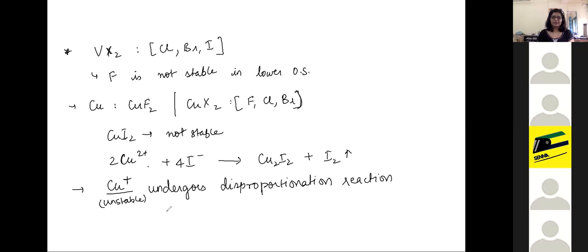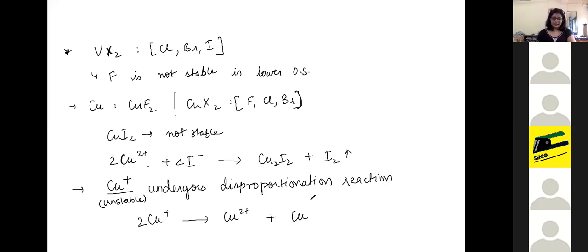Cu plus undergoes oxidation, getting converted to Cu2 plus, and reduction as well, giving rise to Cu metal.